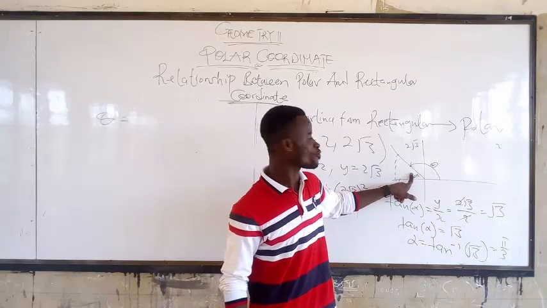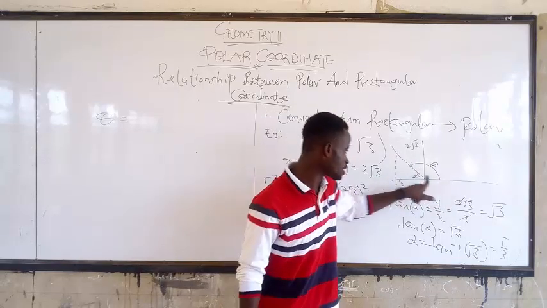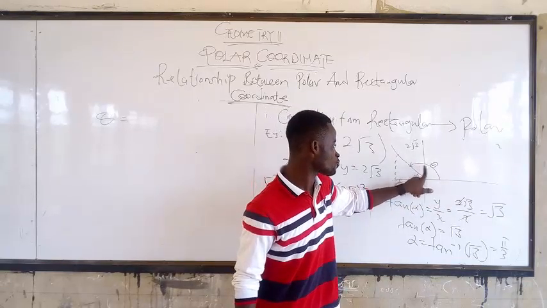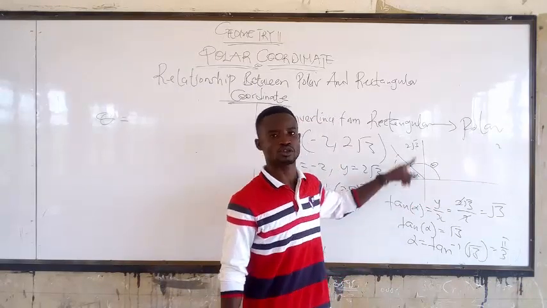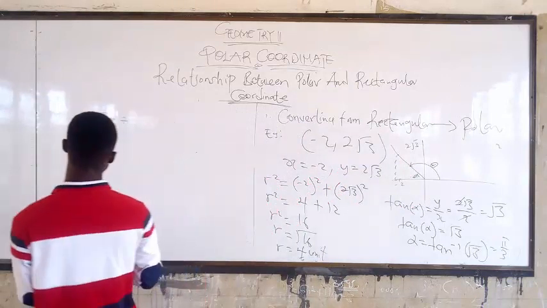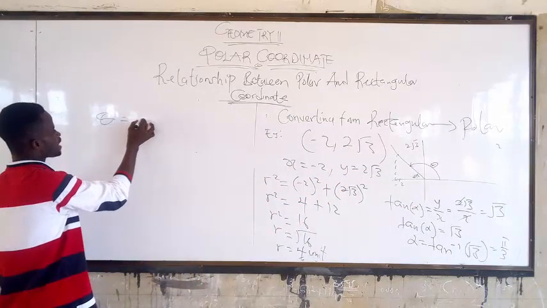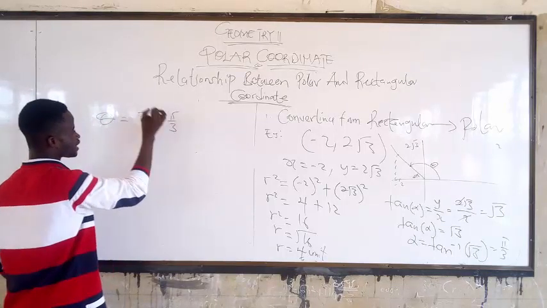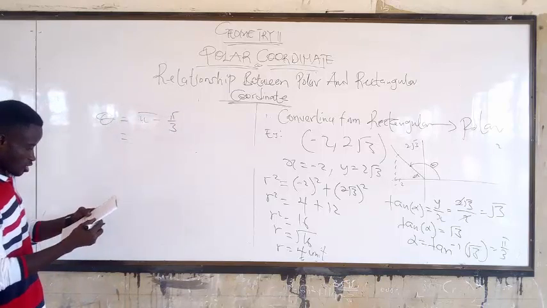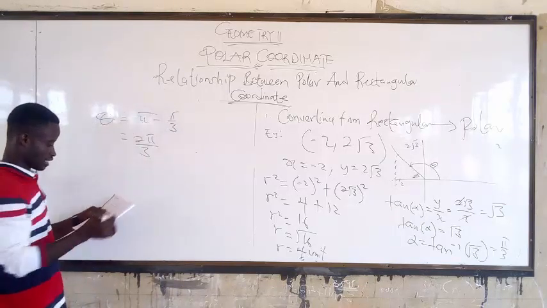But what we are looking for is from here to here. But we know from here to here is 180, right? So to get from this side to this side, what will you do? You have to subtract this side from 180. So we are going to get pi minus pi on 3. And when you do that, you get theta to be 2 pi over 3.